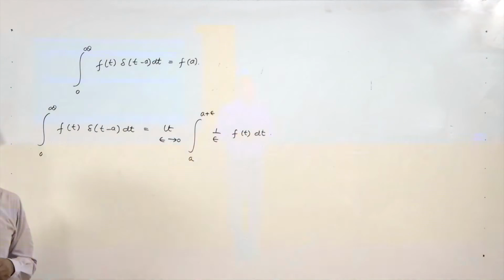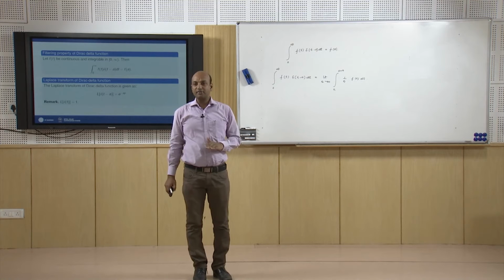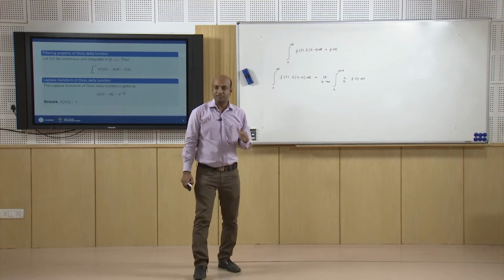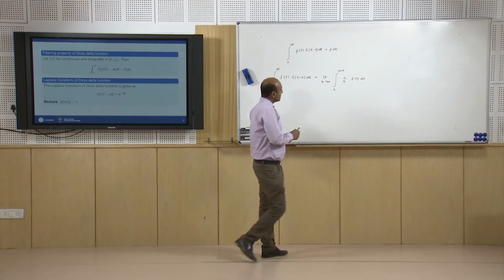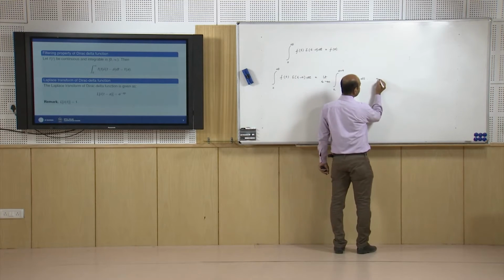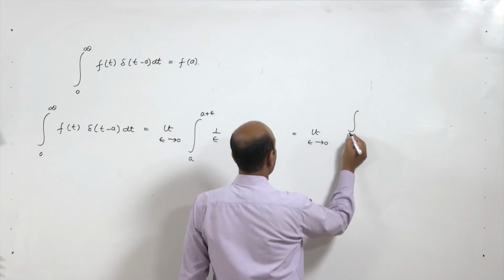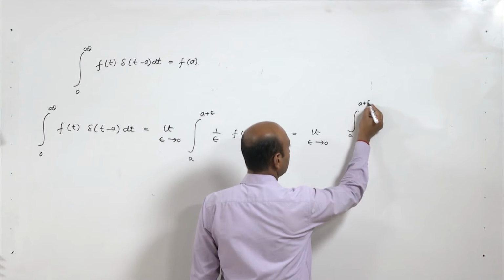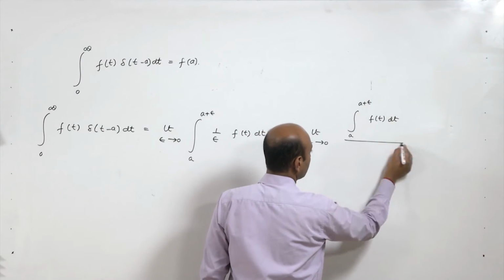This is by the definition of the Dirac delta function, because it attains the value 1 by epsilon when t varies from a to a plus epsilon and epsilon tends to 0. Now, this is equal to the limit as epsilon tends to 0 of the integral from a to a plus epsilon of f(t) dt upon epsilon.